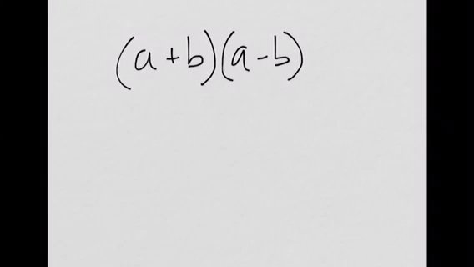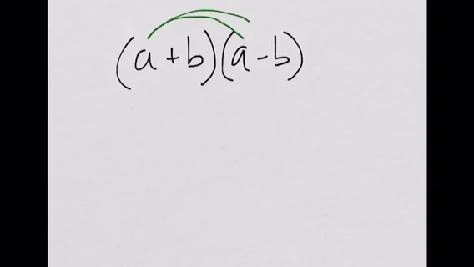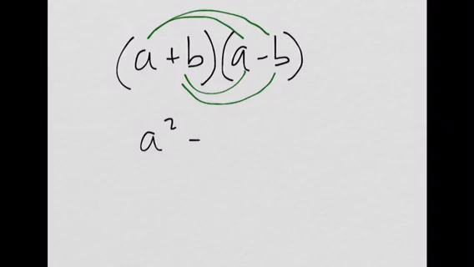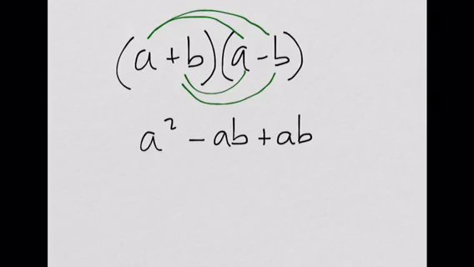And this is in the book a little bit too. You can multiply these out. A times a, a times negative b, b times a, b times negative b. So a times a is a squared, a times negative b is negative ab, b times a is positive ab, and b times negative b is negative b squared.